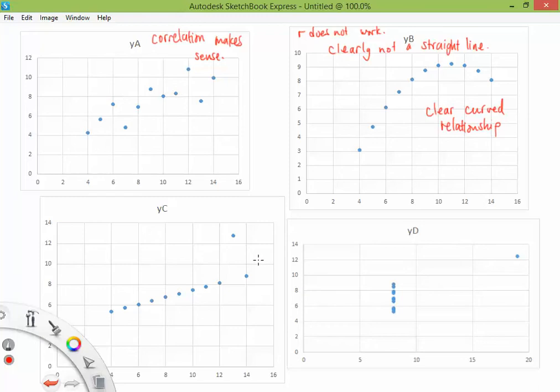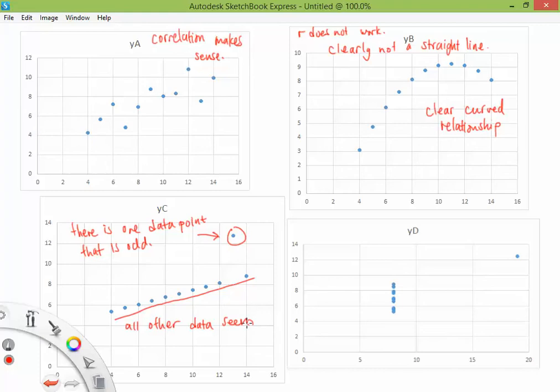What about over here? Here there is one data point that is odd. All other data seem to fit a straight line perfectly.